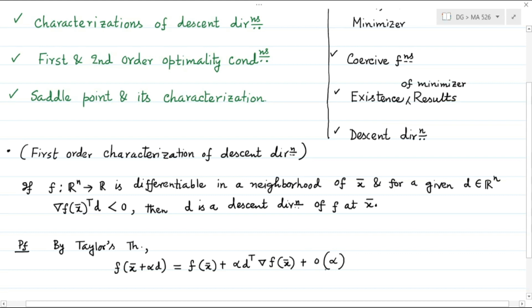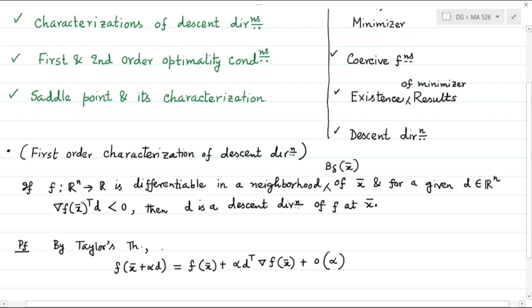As norm of d is constant because d is a given direction, we can just write it as small o of alpha. Here we are obviously assuming that this x bar plus alpha d is belonging to a neighborhood B delta of x bar.